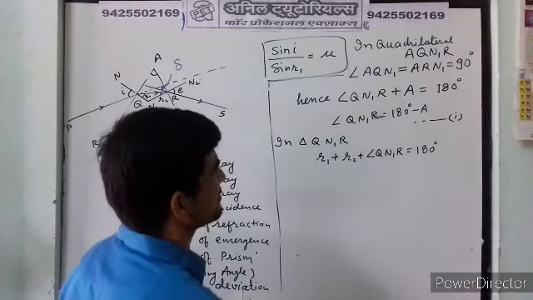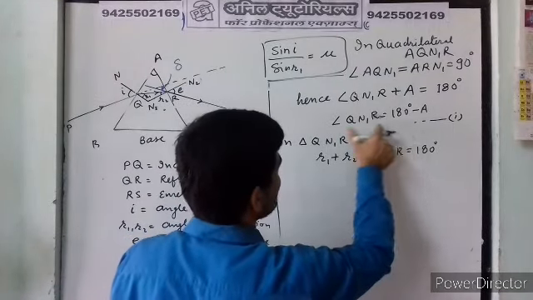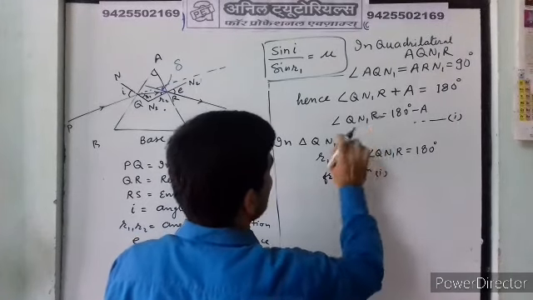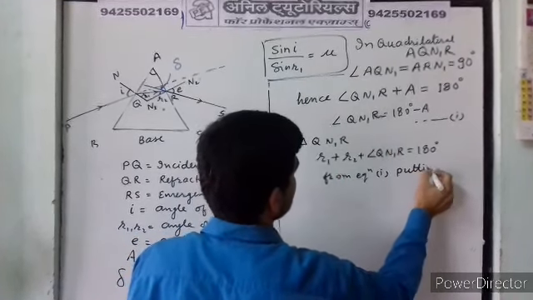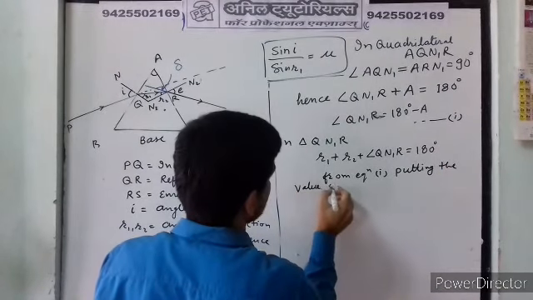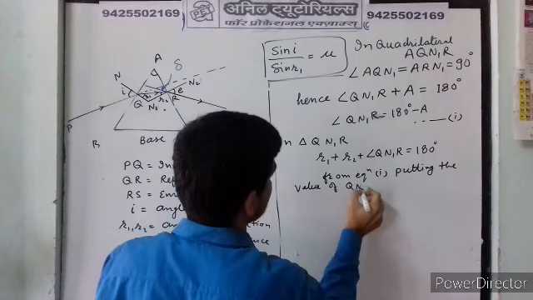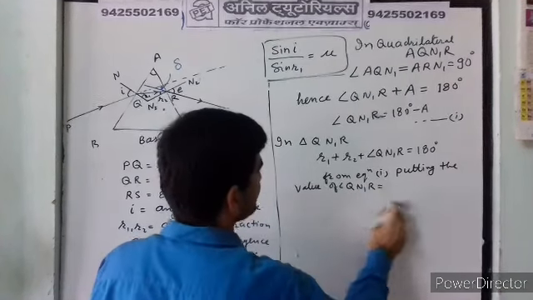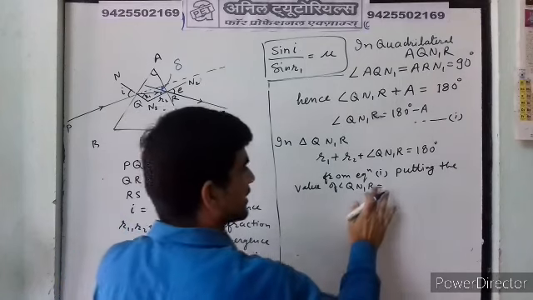Now just put the value of QN1R from equation 1. What shall we get? Put this value, 180 minus A here.